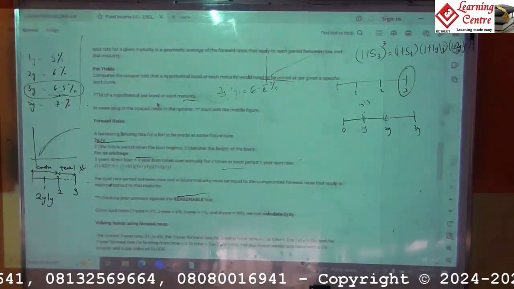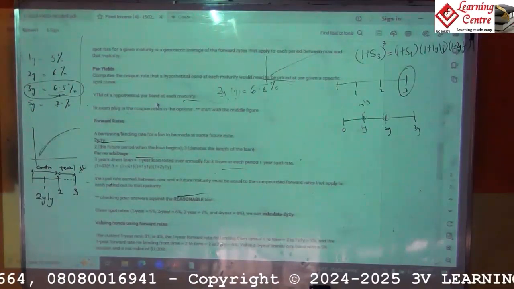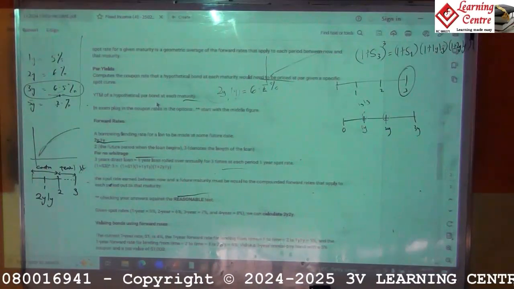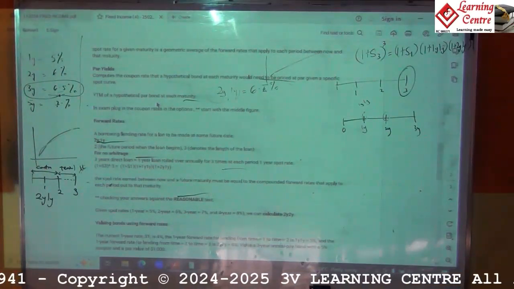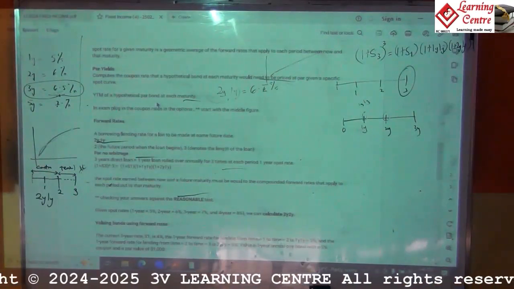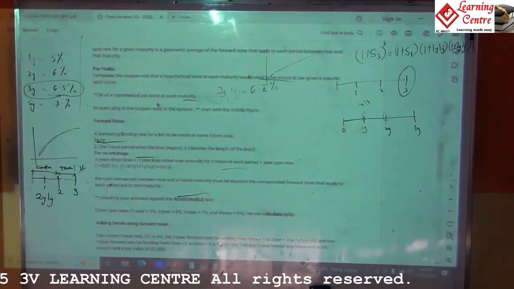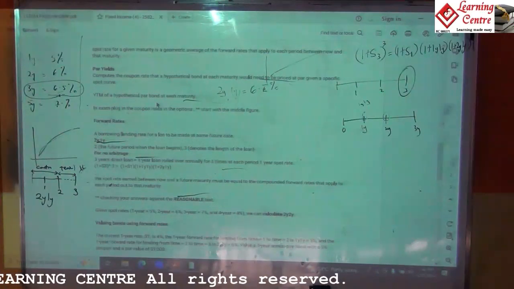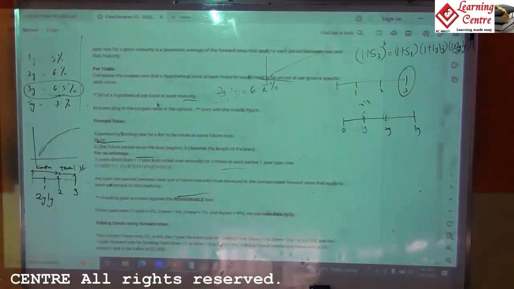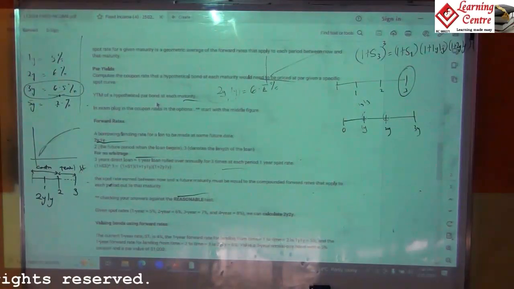If you take straight 1 year, you know that we have the spot rate for 1 year now, which is 5%, and the spot rate for 3 years now, which is 6.5%. Assuming I went to 3 different banks to take it for one year, I will probably get 5%, 5%, 5%, because that is the spot rate now.